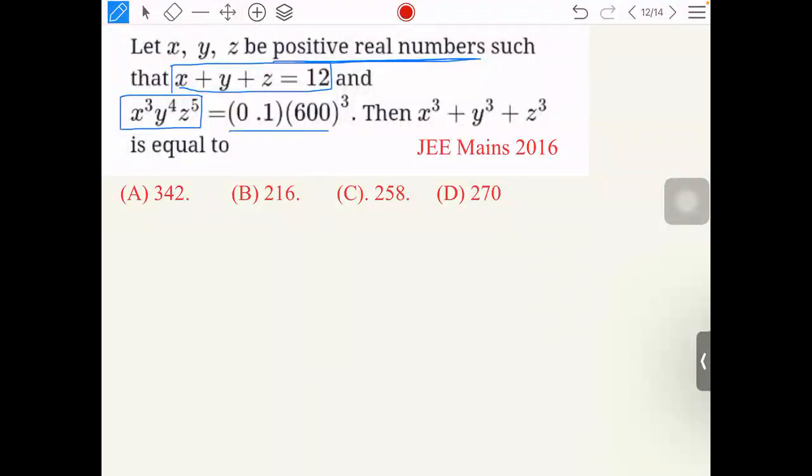Now, first of all, try to find, if x plus y plus z is given to you as 12, find the maximum value of this quantity.